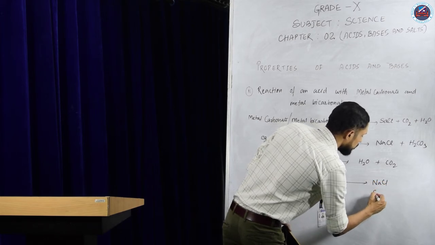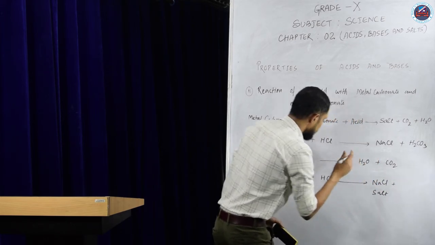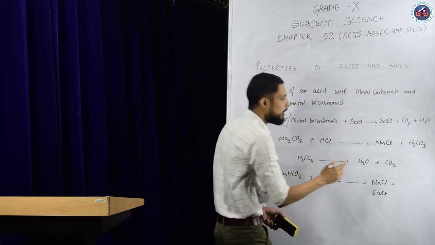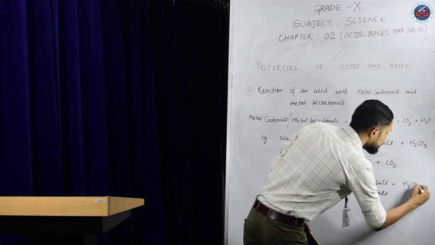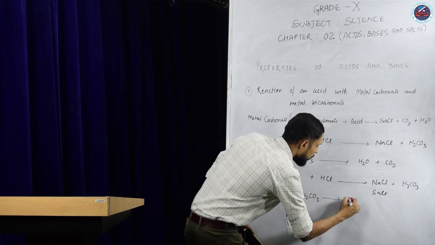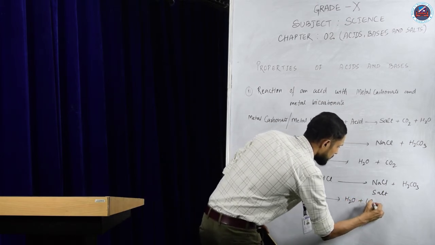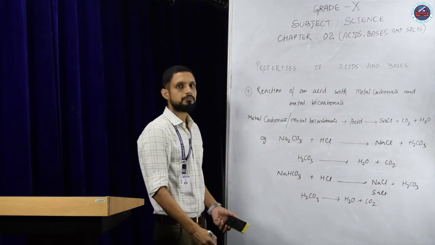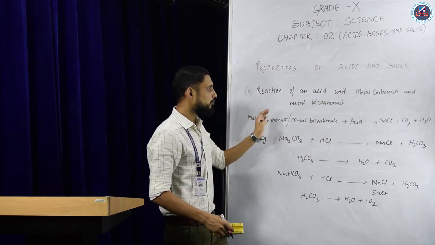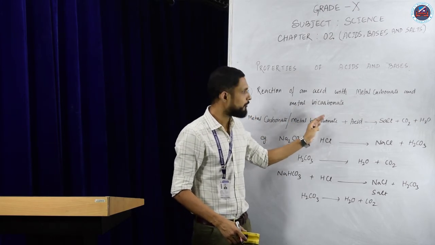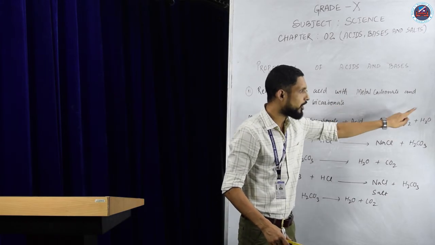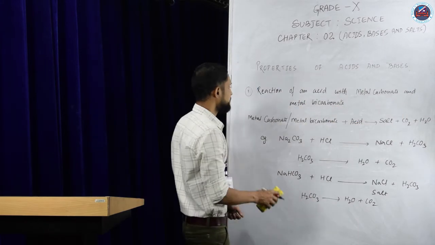So this is the salt formed, plus HCO3 will take H, will form H2CO3, which will further decompose to give water and carbon dioxide. So every time metal carbonate or metal bicarbonate reacts with acid, it will form salt, carbon dioxide and water.